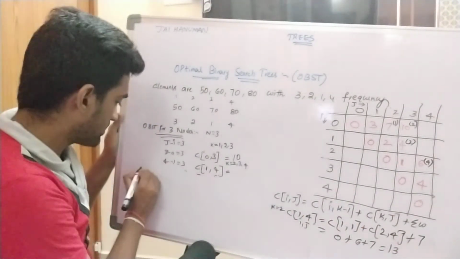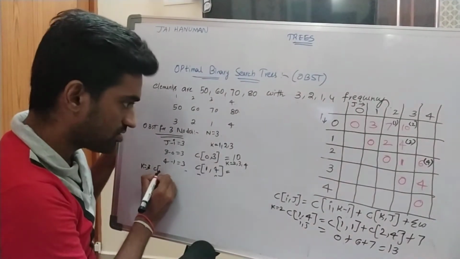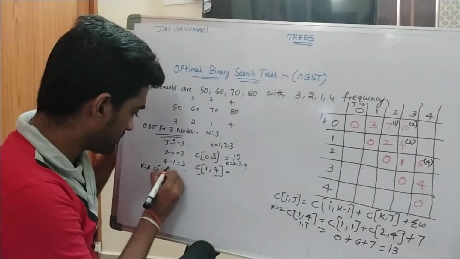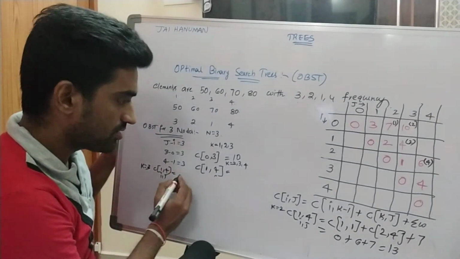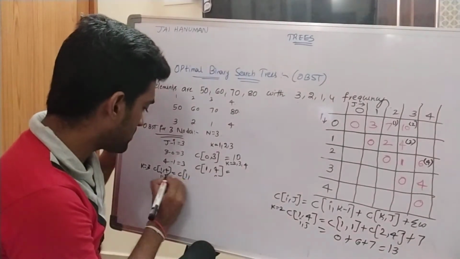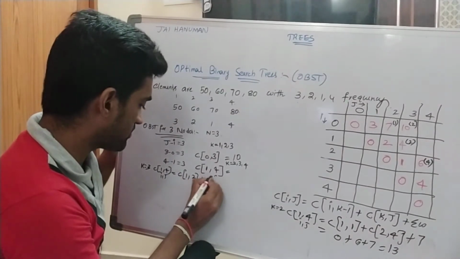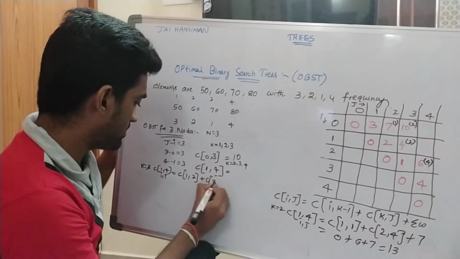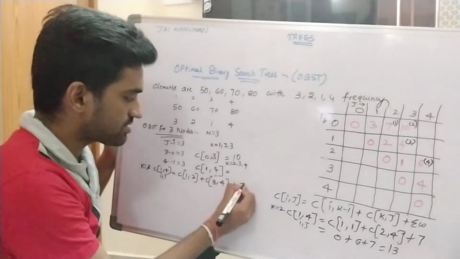Again, when k equal to 3, cost of 1 comma 4, this is i, this is j. So here I am writing cost of i comma k minus 1, 3 minus 1, that is 1 comma 2, plus cost of k comma j, 3 comma 4, plus sum of weights, which is 7.